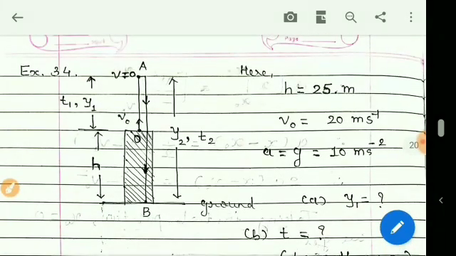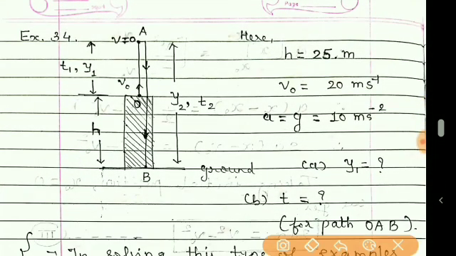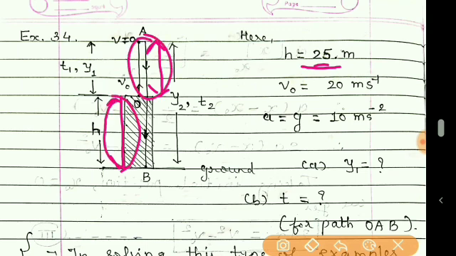So now you can see in the figure this much displacement, that is y1, that is 20 meter. Height of the building is given 25 meter. So 20 plus 25, that is 45.